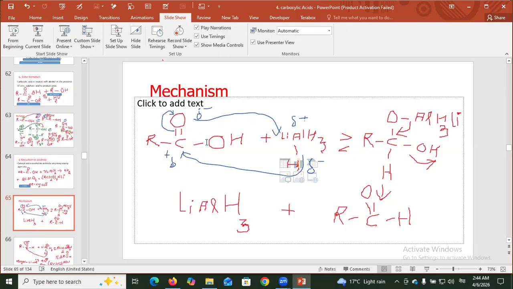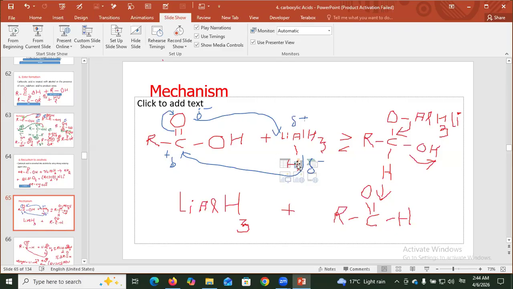Okay, in this carboxylic acid, the oxygen is delta minus and the carbon is delta plus. In the case of lithium aluminum tetrahydride, lithium is delta plus and hydrogen is delta minus.